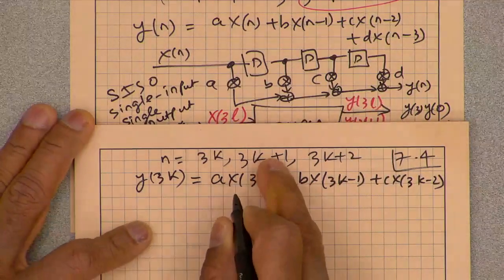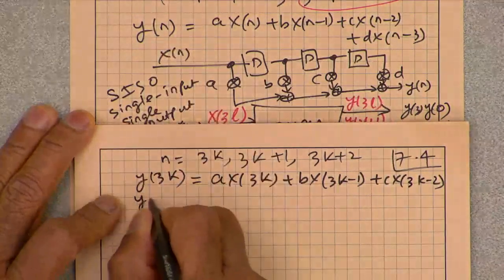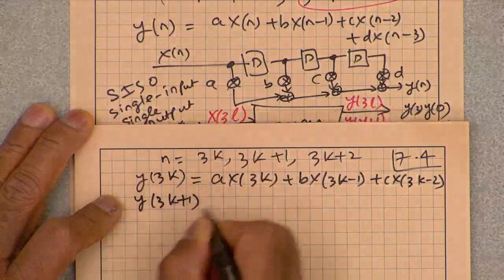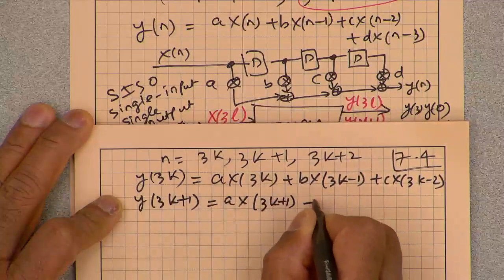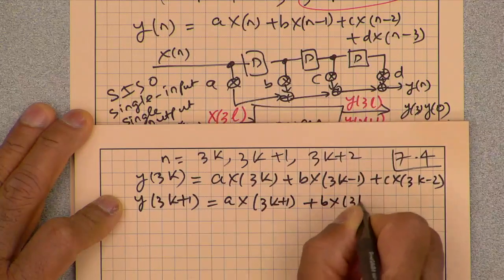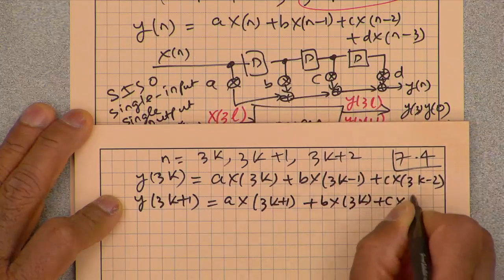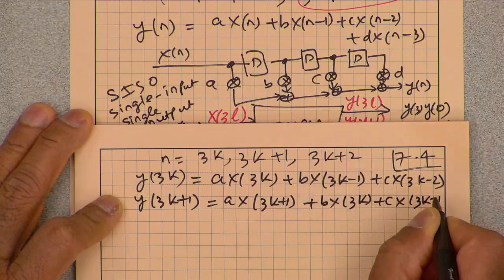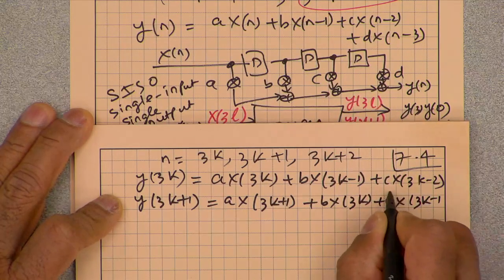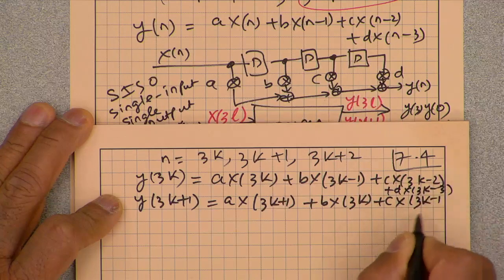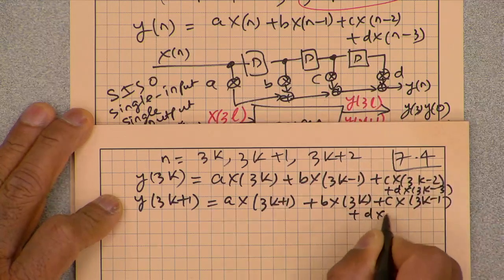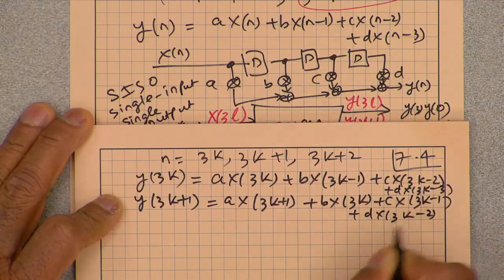If I substitute n equal to 3k plus 1, then the output y3k plus 1 is a x3k plus 1 plus b x3k plus c x3k minus 1. Oh, I forgot the d. So plus d x3k minus 2.